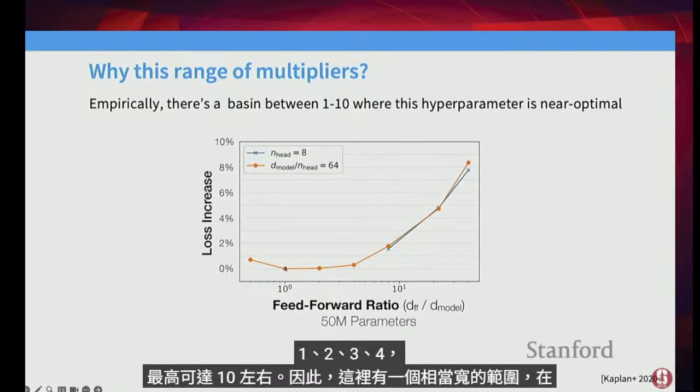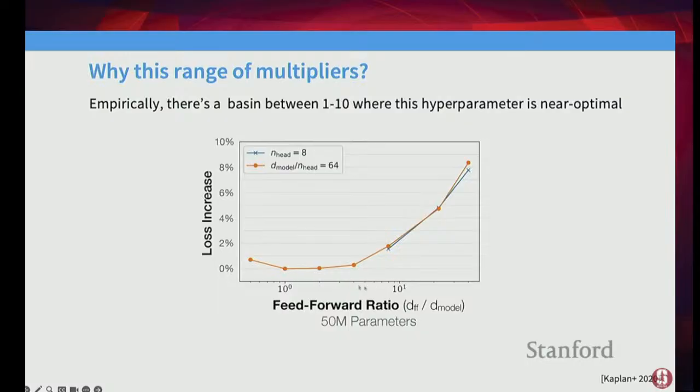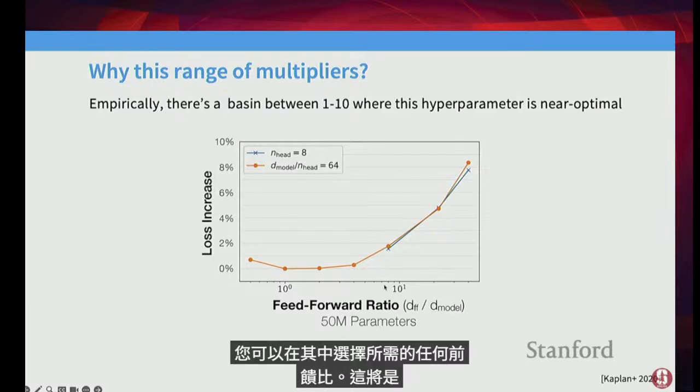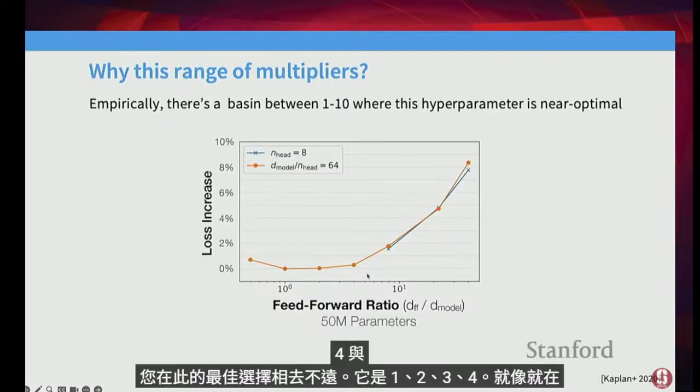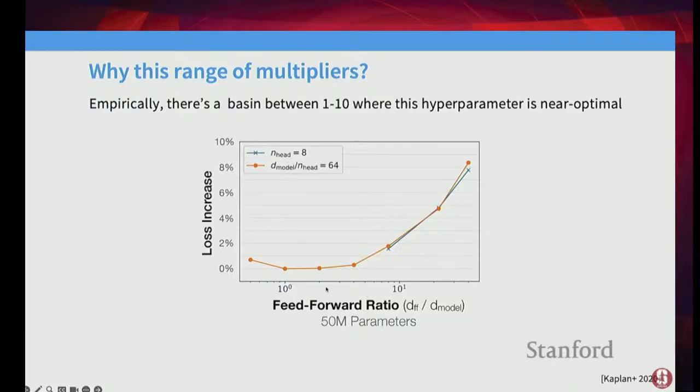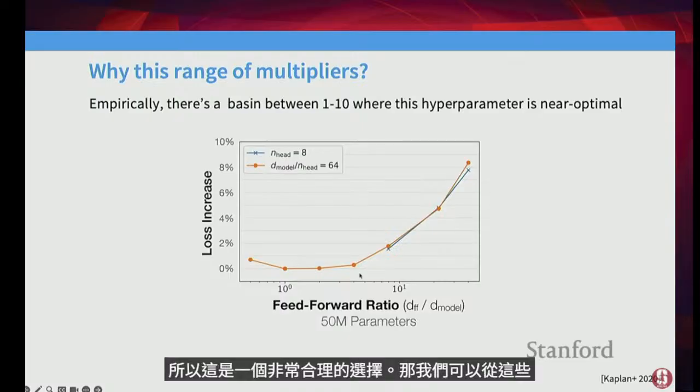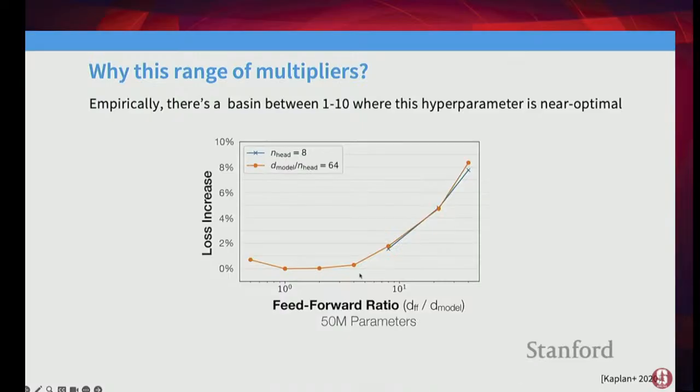This is a ratio of 1, 2, 3, 4, and then up to like 10 or so here, right? There's a pretty wide basin here, anywhere between 1 to maybe up to 10, where you can pick whatever feed-forward ratio you want, and it'll be roughly optimal. And 4 is not too far off from your optimal choices over here. It's like right here or maybe right here, right? So that's a pretty reasonable choice.